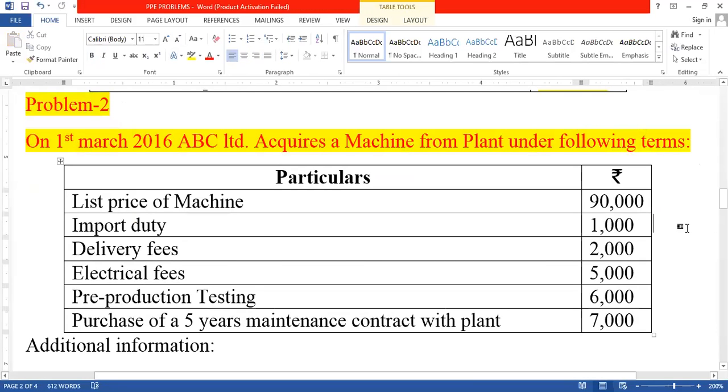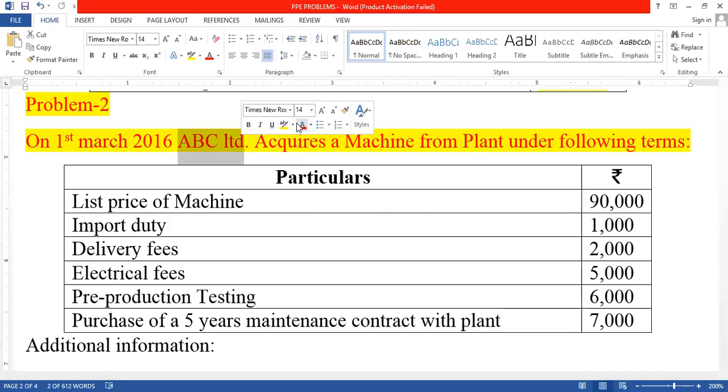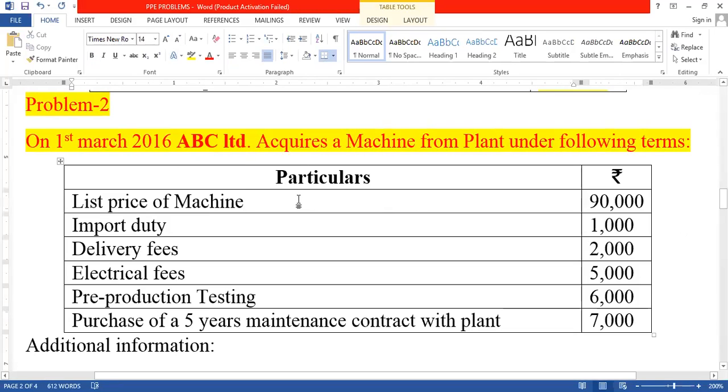On 1st March 2016, ABC Limited acquires a machine. So the asset is a machine for the plant under the following terms. What are the terms and regulations here?